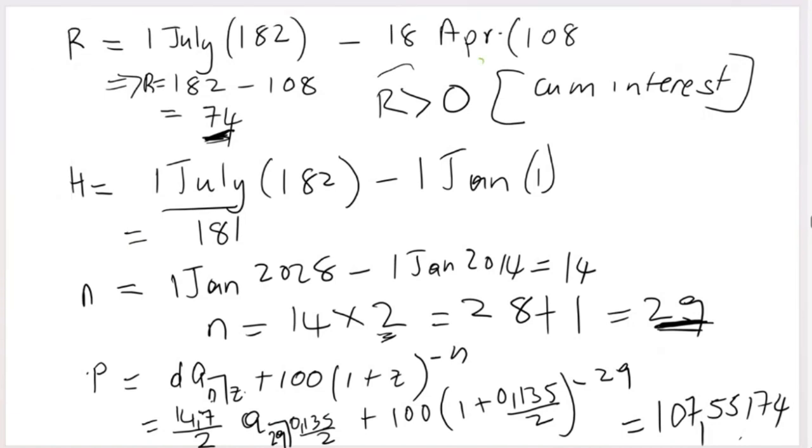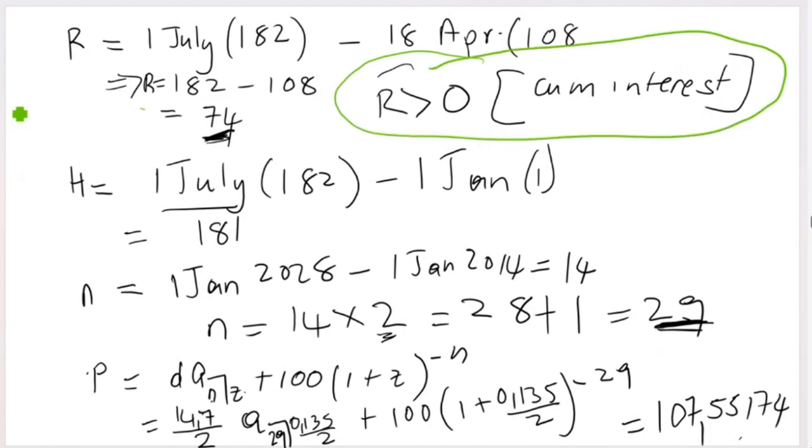If your case is cum interest, it is when your R is greater than 0. If you've got that situation, it means you need to add a coupon to your present value. But if your R is less than 0, you don't need to worry yourself.